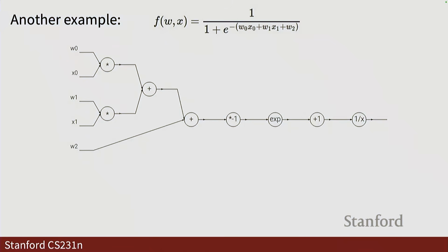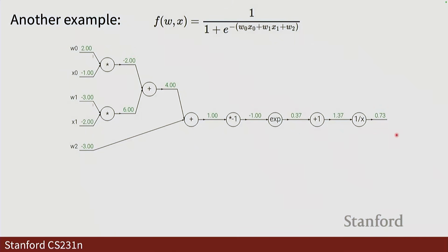So there are a bunch of multiplications, additions, negation, and the exp function, and ultimately the 1 over whatever we calculated. With all of those, let's look at this example where we have specific values for W0, X0, W1, X1, and W2. With these given values, we can do the forward pass, calculate every single value that we have in this process.